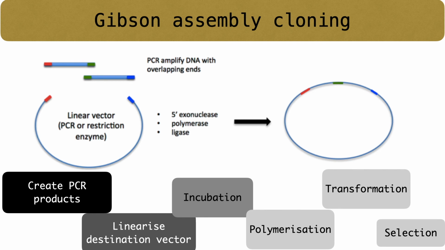If we have transformed into the bacterial cell, then we have to do the colony PCR. We use the specific primer to amplify the gene of interest that we have cloned. Then we can see the band in the gel with a specific base pair size for the gene. So in this way, similar to the recombinant DNA technology, we do the transformation and selection of our clones.